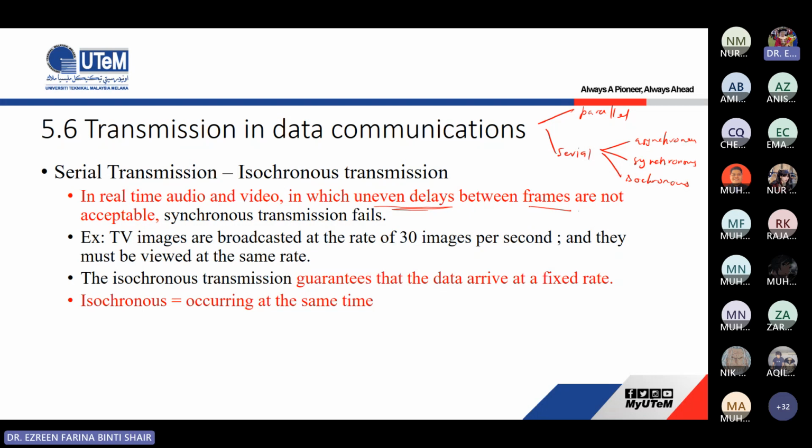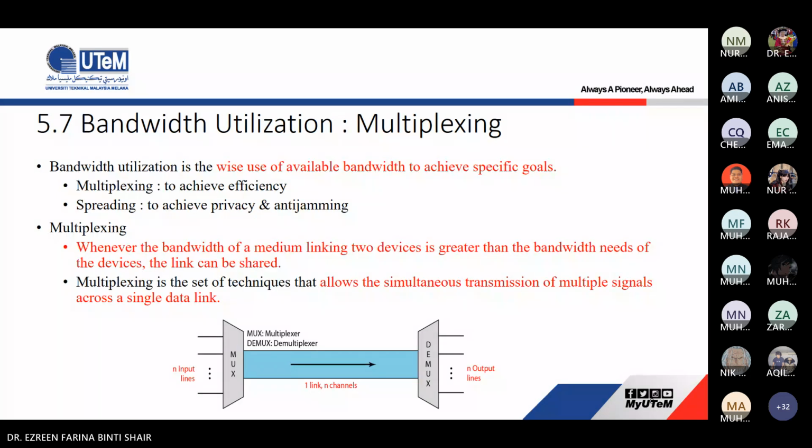Okay, so the second section in part 3 is on the bandwidth utilization or multiplexing. When we talk about bandwidth utilization, it actually means the wise use of the bandwidth. So this is the link, or the channel.